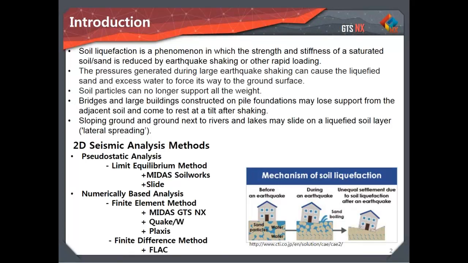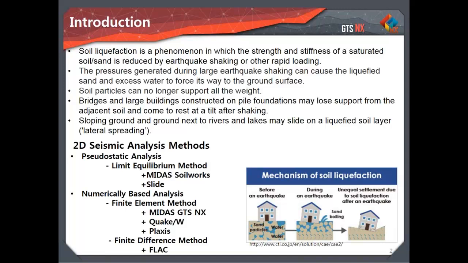Just to recap what we saw last week, soil liquefaction happens when, through rapid loading or some sort of earthquake shaking, the soil or sand that's saturated loses its strength and its ability to support any weight.